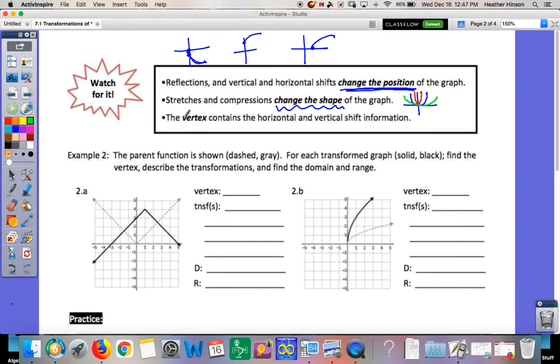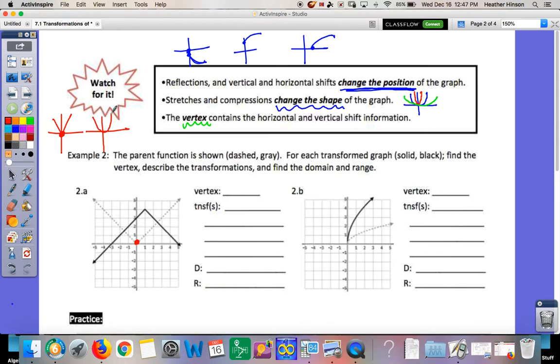Your vertex is the point we're going to look at to find all the information from horizontal and vertical shifts. So when you're looking at a graph, we're going to go to our vertex. Your vertex is going to be that middle point of an absolute value, that point at the bottom.